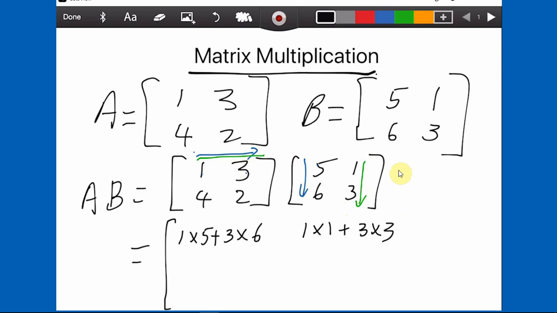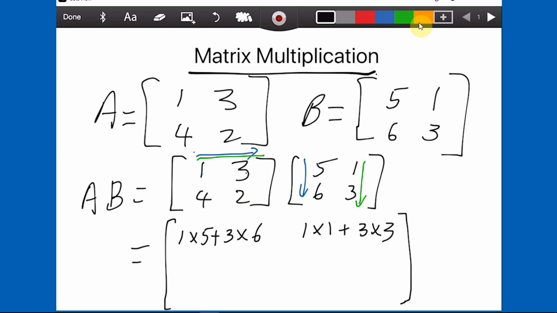Now, if there was another column, I would go row 1, column 3, row 1, column 4, and so on, and then I would keep getting more elements. So here, row 1, column 1, row 1, column 2. And so you'll notice you've multiplied row 1 by column 2 to get row 1, column 2. All right.